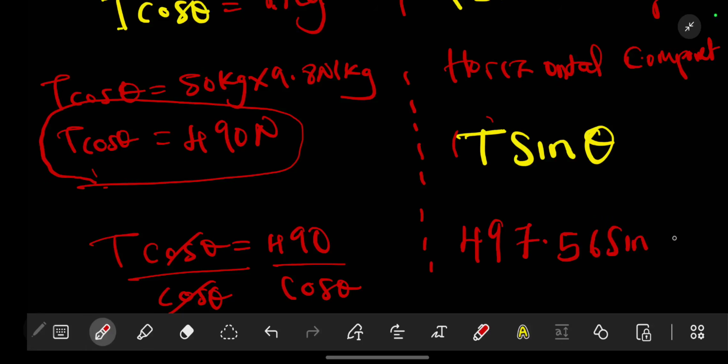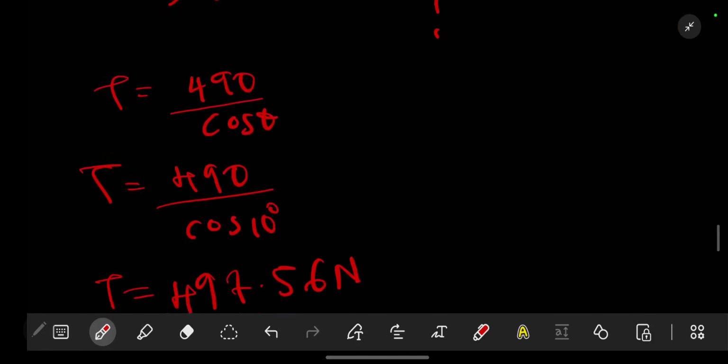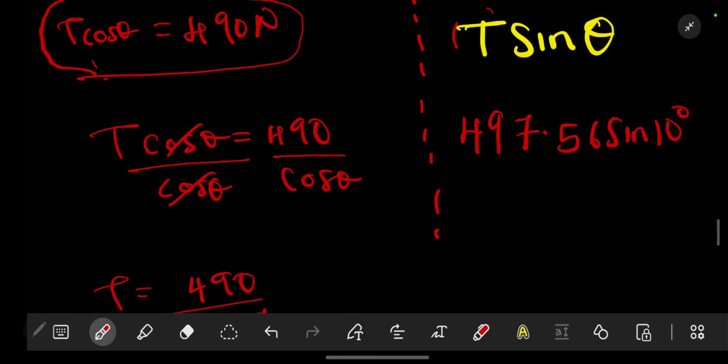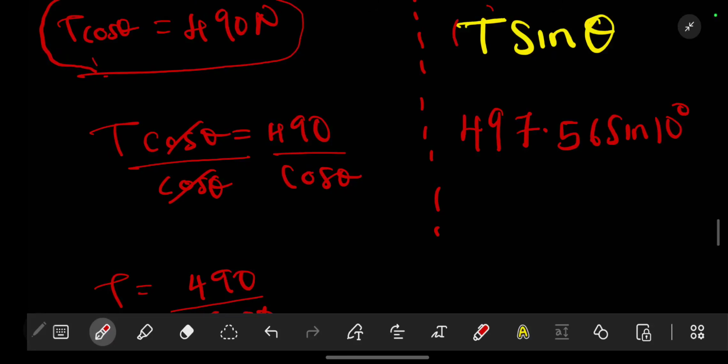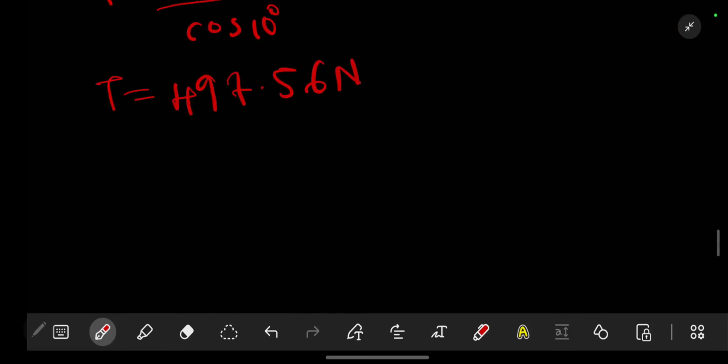Then we have the sine of the angle 10 degrees. 497.5 times the sine of 10 degrees gives us a value of 86.39 newtons.